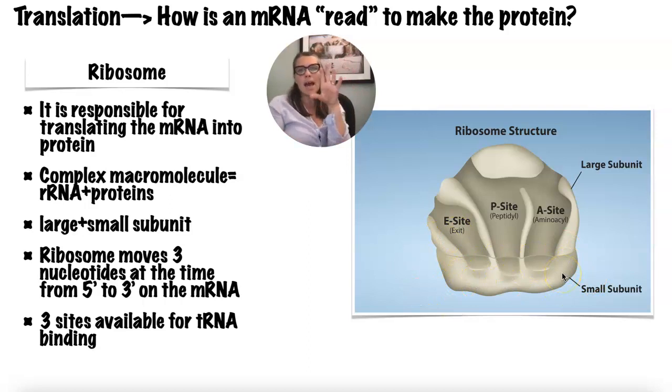Prokaryotes and eukaryotes have the same structure, meaning that both of them have ribosomes with a large and a small subunit, but the dimensions and the type of rRNA that they have is different. And that is important because when you do molecular work and you want to target, for example, a prokaryote and not a eukaryote, you can target the genes that are coding for this RNA, and so you can distinguish prokaryotes from eukaryotes.